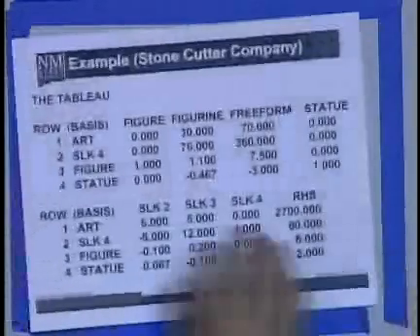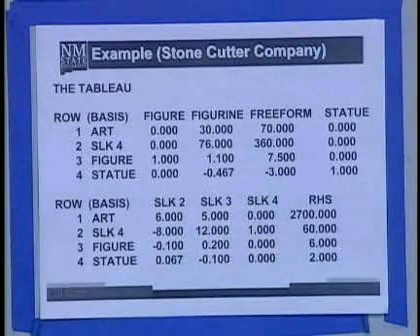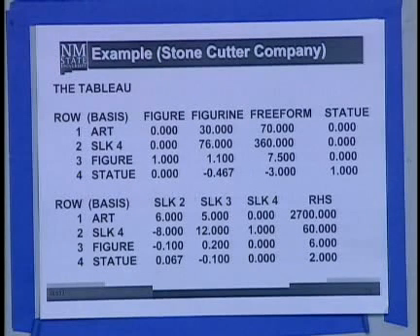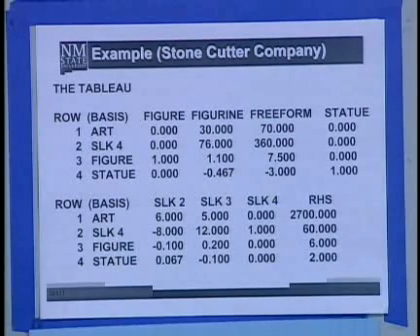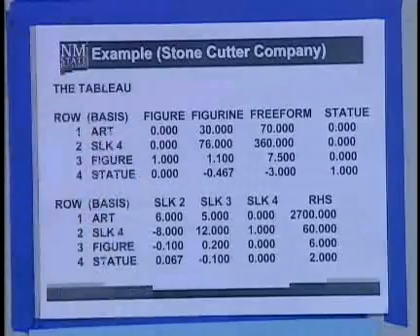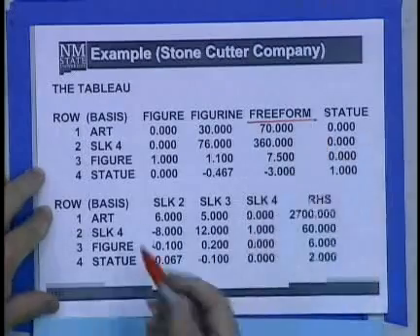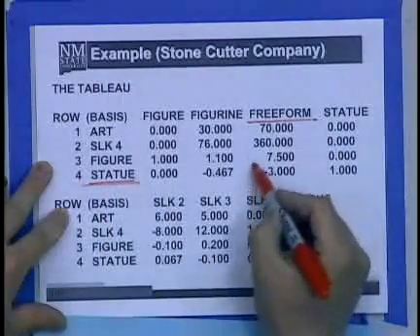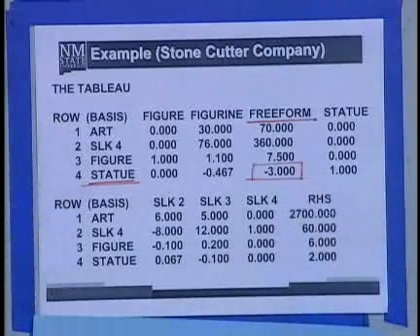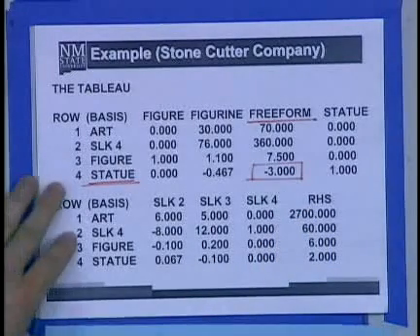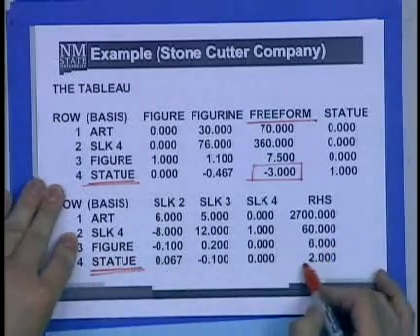So if you make one freeform as a salesman's sample, using the final optimal table, we may determine the effect on the production of statues. Okay, here's the freeform, and statue is right here. So the substitution rate is -3. And currently, the value of statue is 2, right?